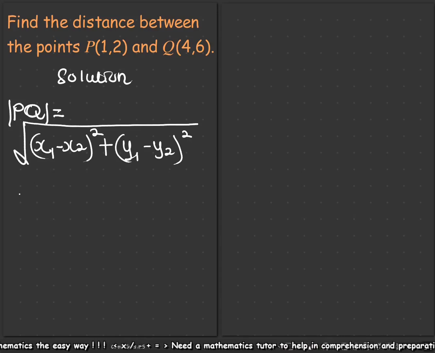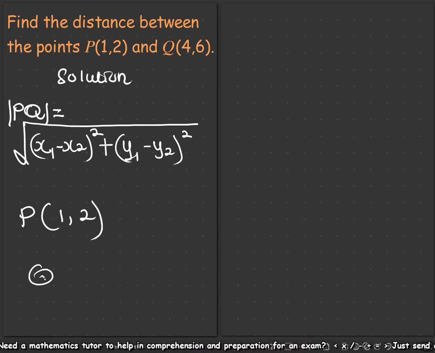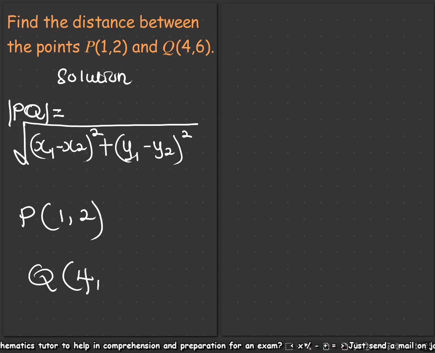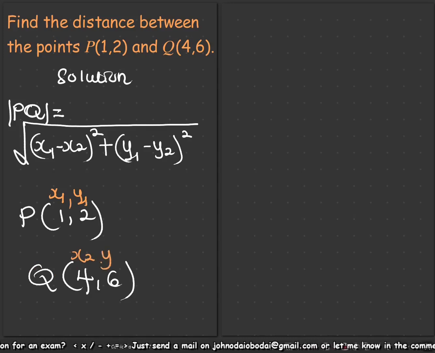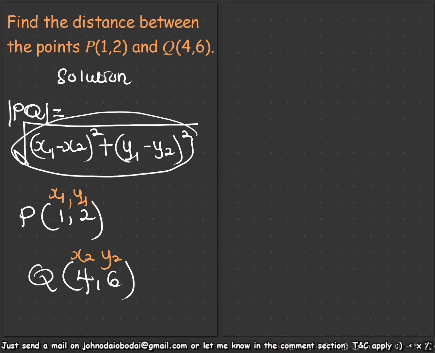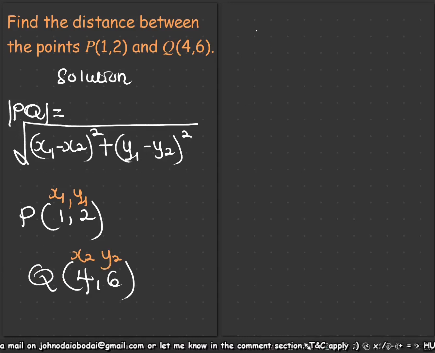You see, and take note, our P has the coordinates (1, 2), while Q has coordinates (4, 6). Hence, we are going to let P be our x1, y1, and then our Q be our x2 and y2. So all you now need to do is to substitute into your formula over here, and then simplify.